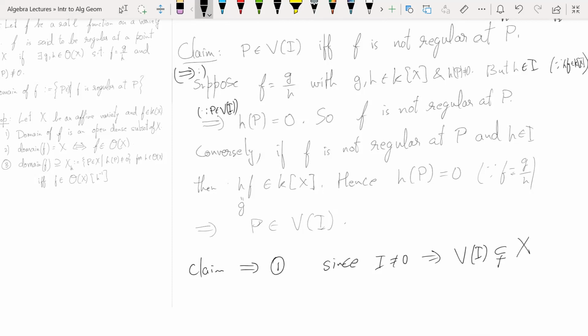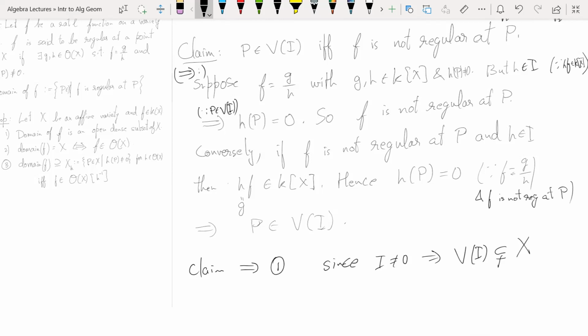So hf belongs to k[X], which is g, and that means that f is g over h. But f is not regular at P, that means h(P) has to be 0, since f is g over h and f is not regular at P.